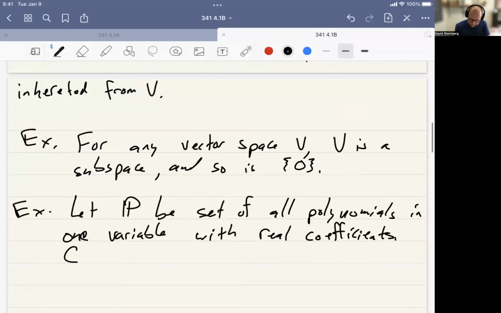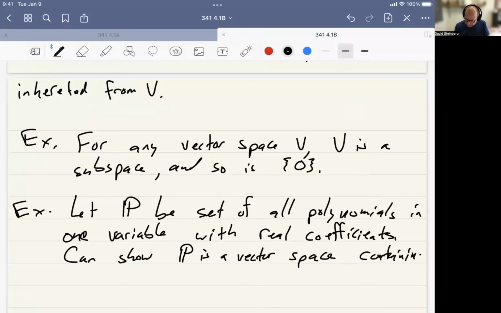So we can show that P is a vector space containing Pn. Recall this was the set of polynomials of degree no more than n. So this contains Pn for all n, as a subspace. It's true for all n.